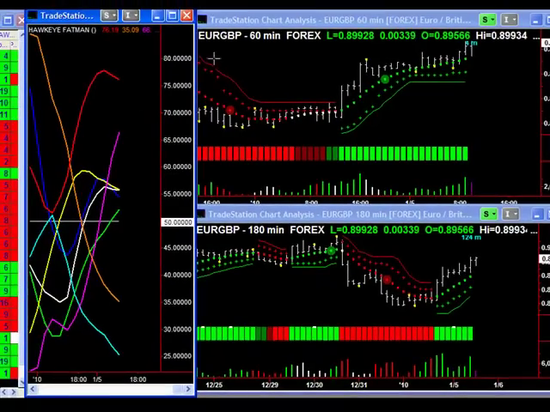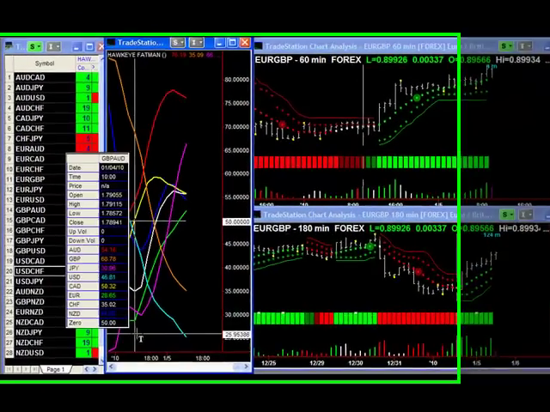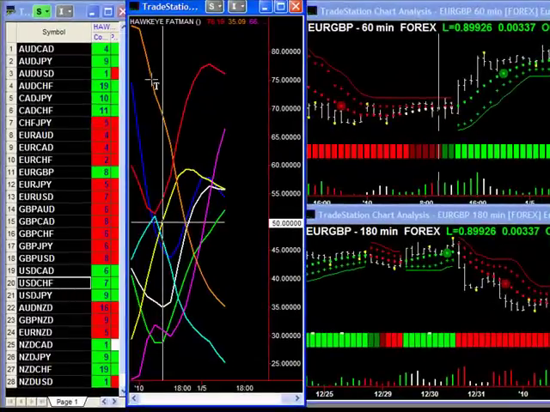So for example, on our right-hand side you can see here we have the euro against the pound. The euro happens to be green and the pound happens to be orange, and you can see that the euro, the green, is rising, and the orange, the pound, is declining.